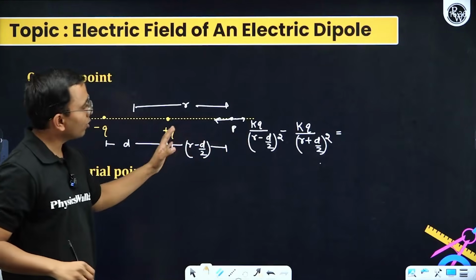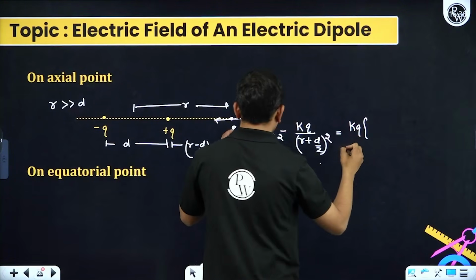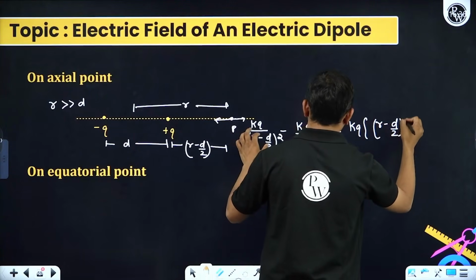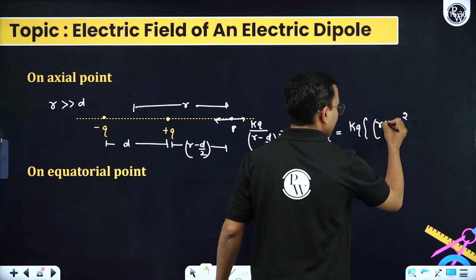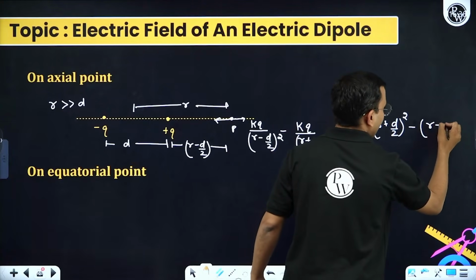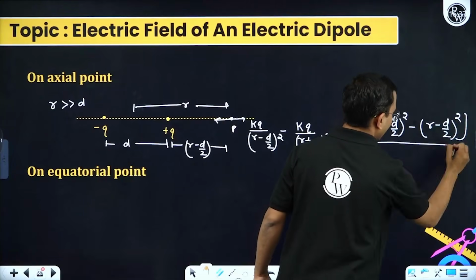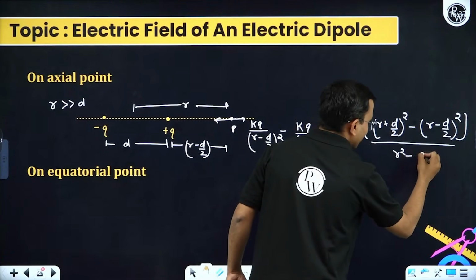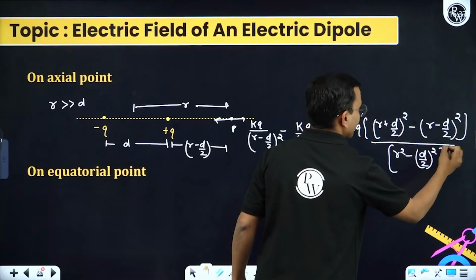If I take kq common and take the LCM, this will become r minus d by 2 square and r plus d by 2 square first, then r minus d by 2 square, divided by r square minus d by 2 square, whole square.